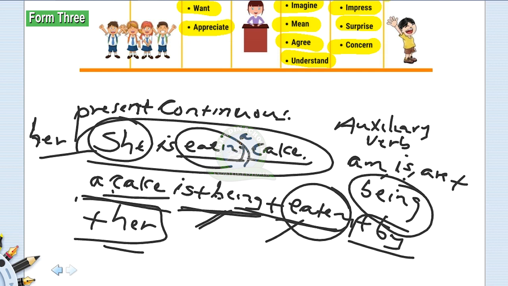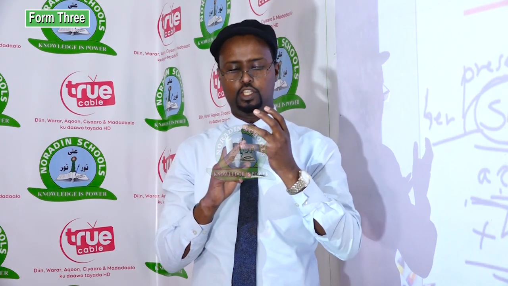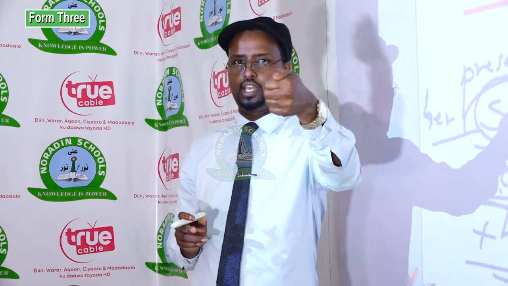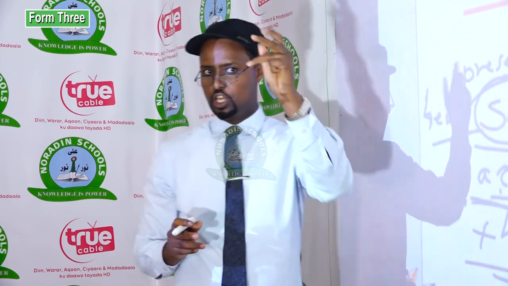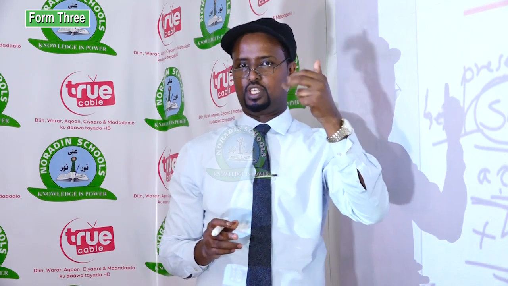Let me remind you one thing, please. Present continuous tense has how many auxiliary verbs? Is, are. But in passive, it has what? Is, are plus being. Simple present tense has what? Two auxiliary verbs. One is in active voice. Do and does.